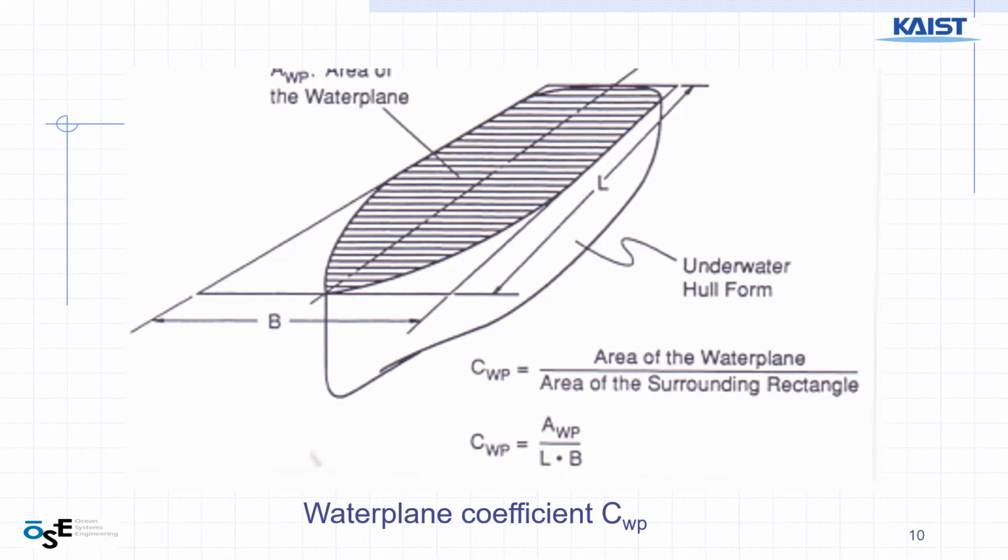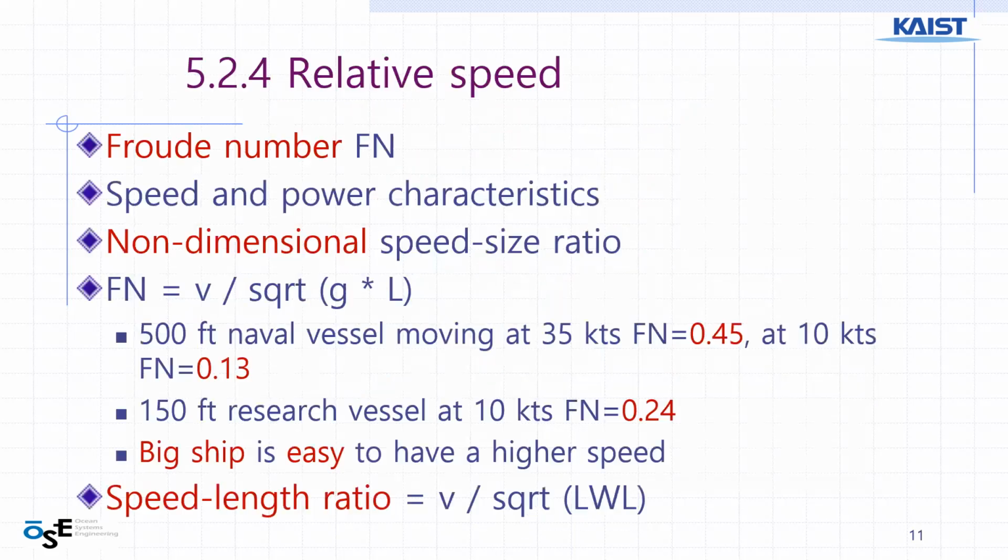Full, box-shaped ships probably have a higher value of CWP. It also shows how thin or slender the ship is, or sharp in the front. Then we can use that coefficient for the real design afterward.